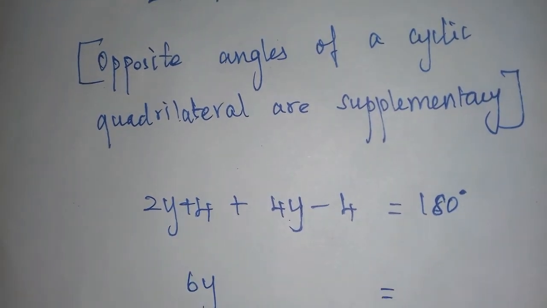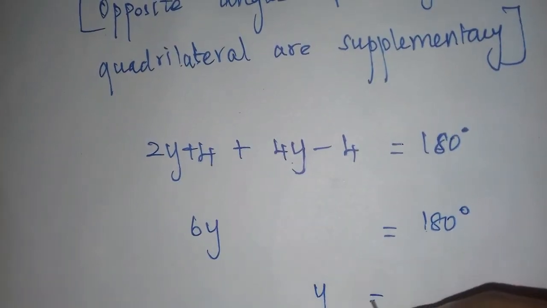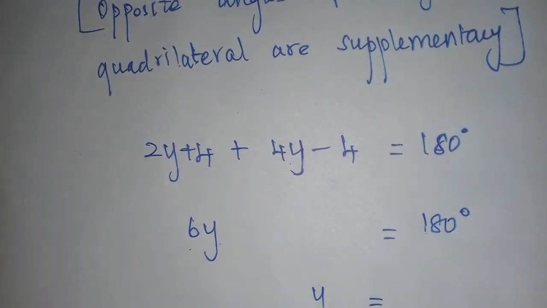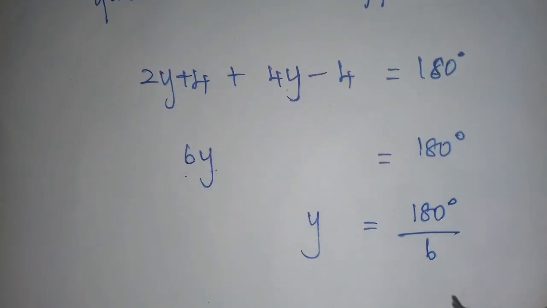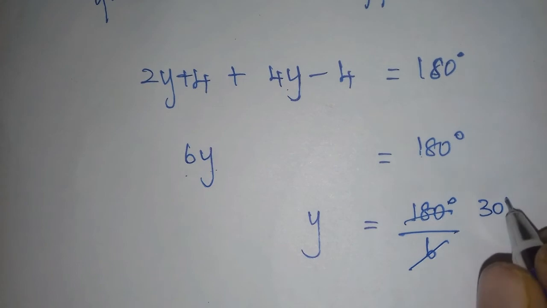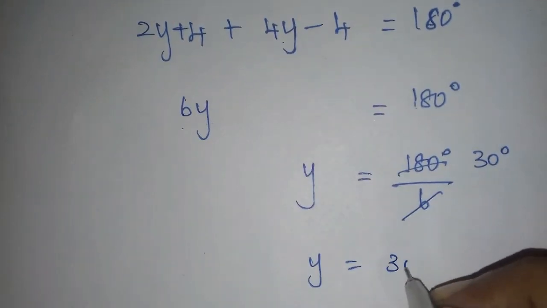So it will become 0. That is 180 degrees. Now y is equal to, here it is in multiplication. So when it goes to the right hand side, how will it go? 180 degrees divided by 6. That is 30 degrees. If you cancel it, you will get 30 degrees. So y is 30 degrees.